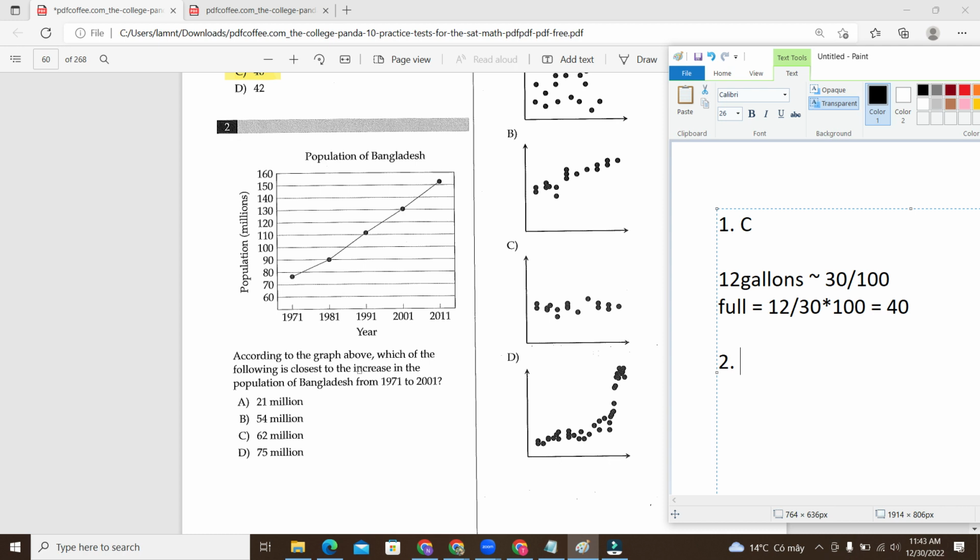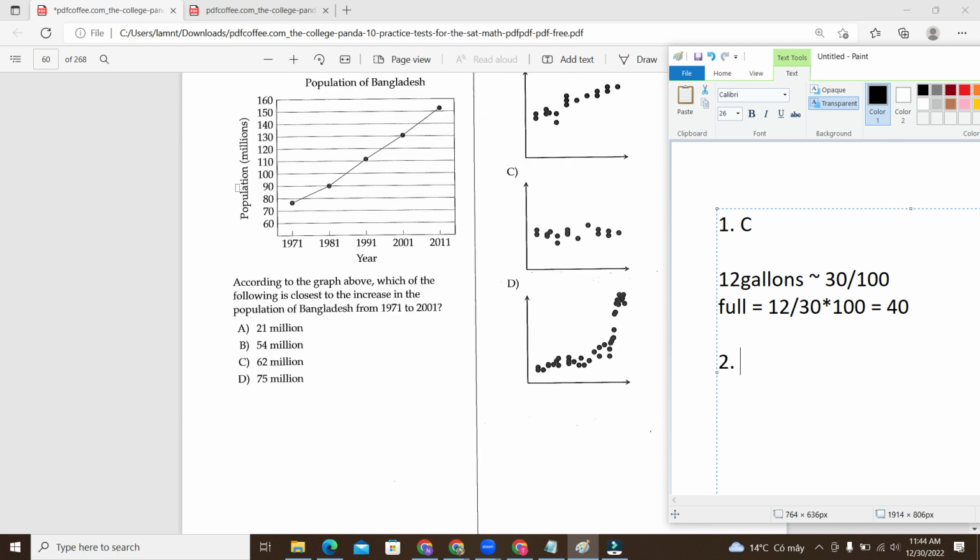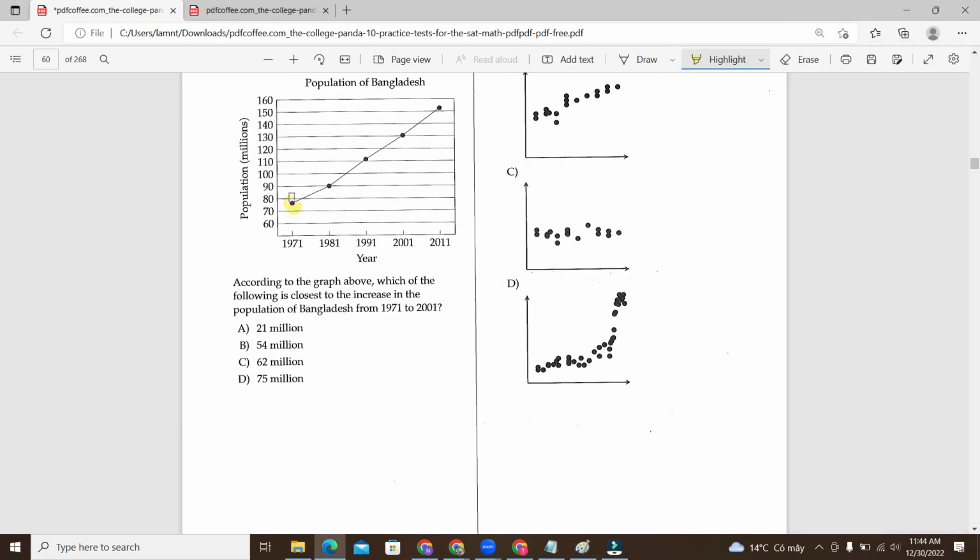According to the graph, which of the following is the closest increase in the population of Bangladesh from 1971 to 2001? So they asked us for the statistic from 1971 to 2001, which means about this range. So let's calculate.